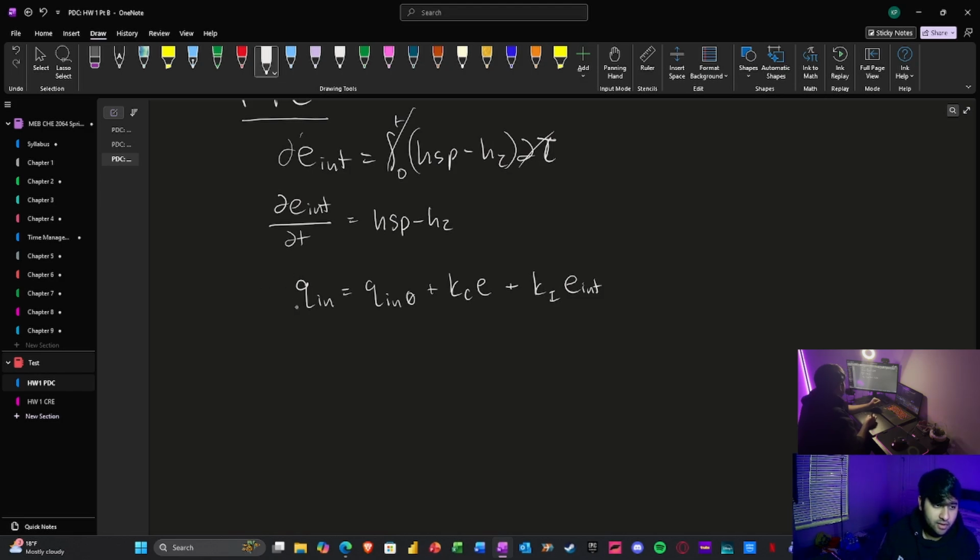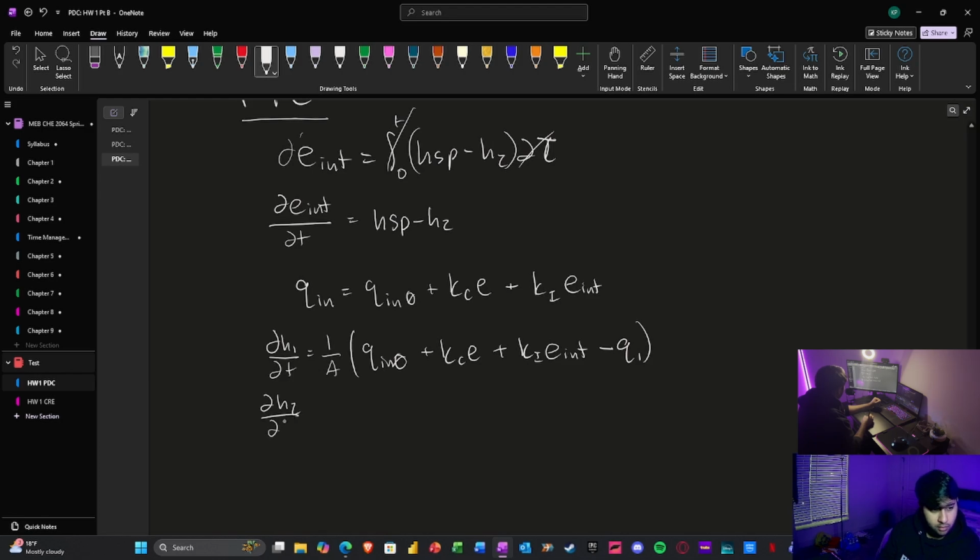And then we're just going to plug this into our previous equations, specifically dh1 over dt. So we have our Q in initial, not Q in, plus the Kc times our error plus the integral parameter E int, and then minus Q1. We're also going to write it for our second one.